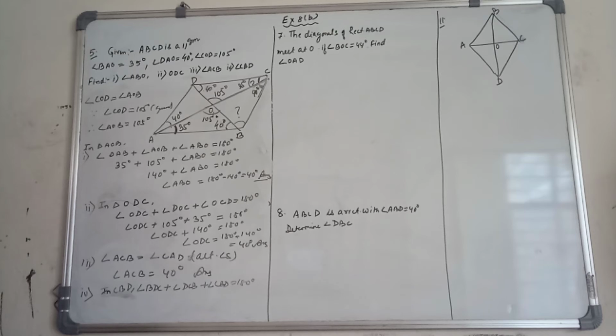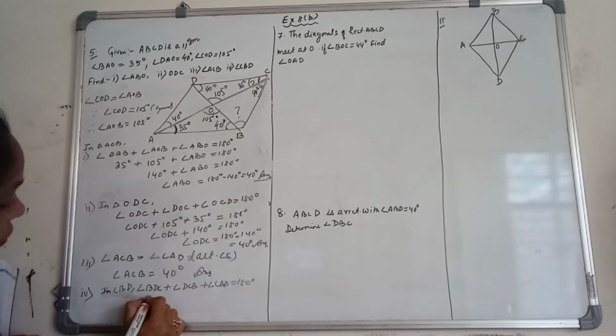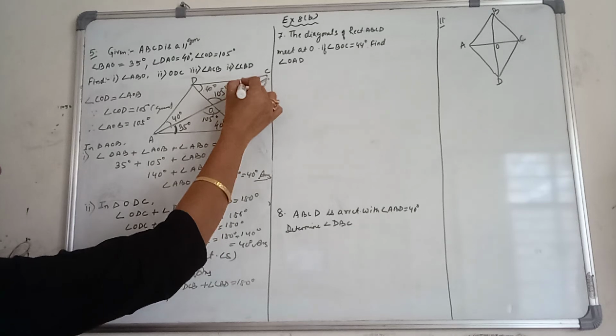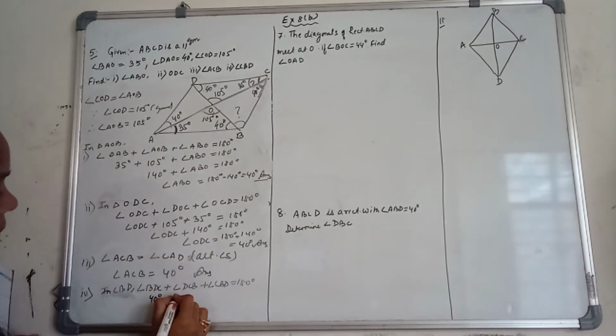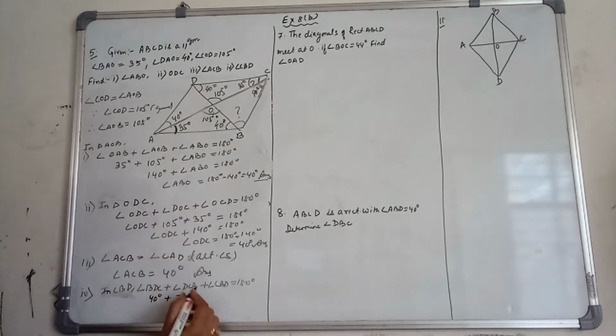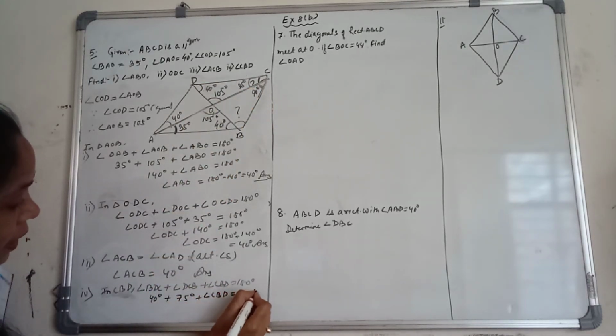So always we have to use the triangle property. So angle BDC is how much? Angle BDC is your 40 degrees plus angle DCB is your 35 plus 40. This one will be your 75 degrees and plus angle CBD, which is equal to 180 degrees.